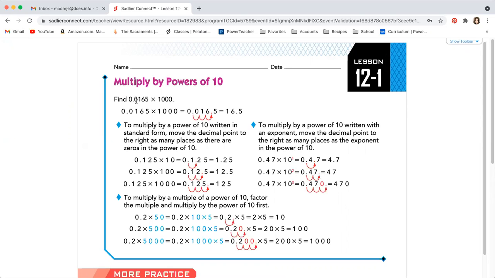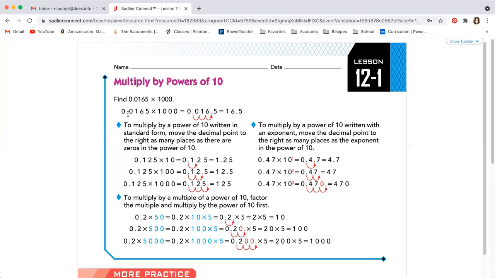So if we take a look at this first example up at the top, we can see that the decimal 165 10,000ths is being multiplied times 1,000, which is equivalent to 3 place values, right? So we're going to basically pull those digits into bigger place values 3 times.